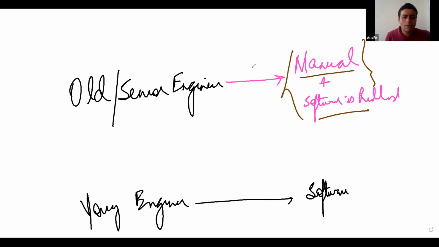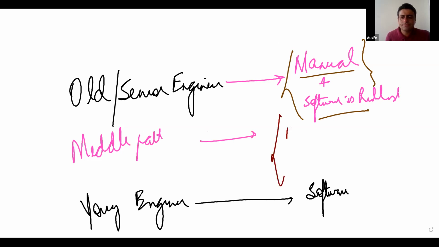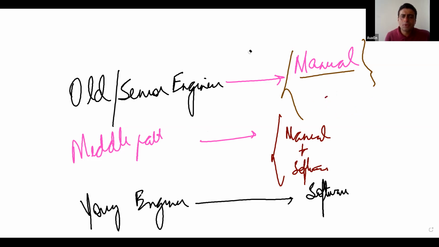What is a good approach? A good approach is the middle path, where we have good understanding of manual procedures also. Okay. And we have good understanding of the software working also. So as engineers, I think this is the middle path that we should have.